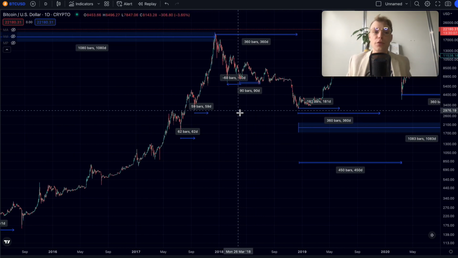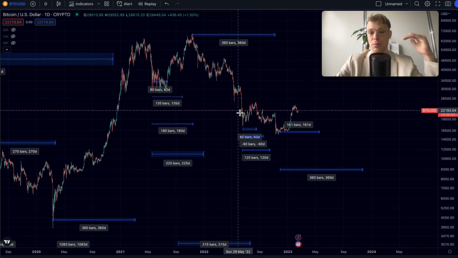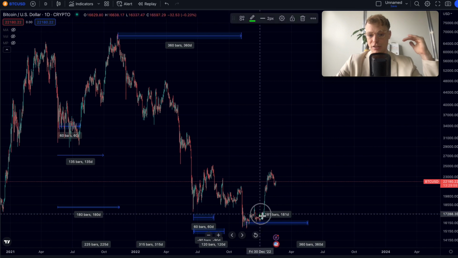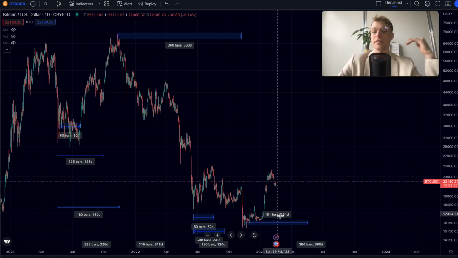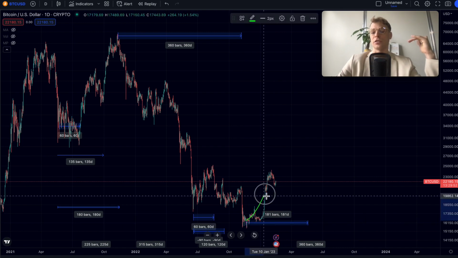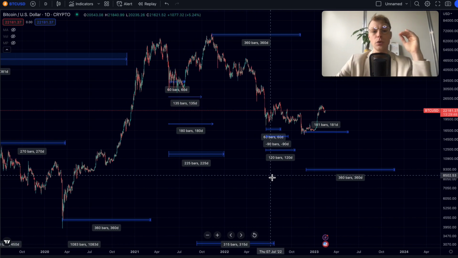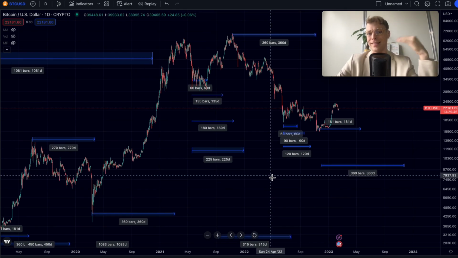It's not that every 60-day cycle will give a bottom. For example, the previous time we didn't get a low, we actually had the 60-day cycle low right here. That was not at an exact bottom, but that is also the signal for us that we can see Bitcoin going up, right? So you have to know how to interpret these cycles.